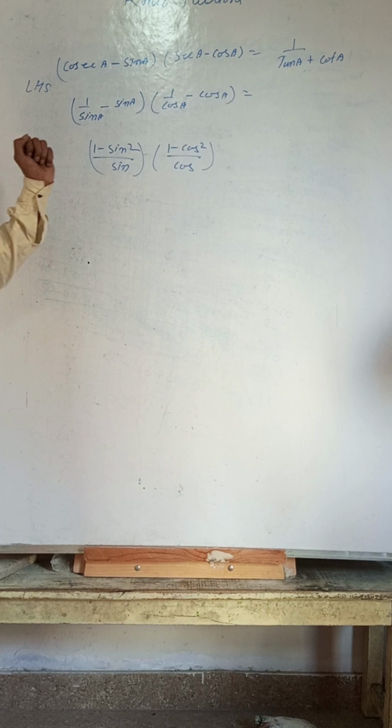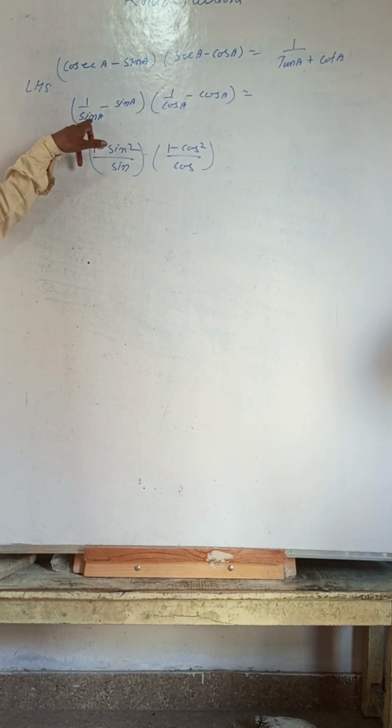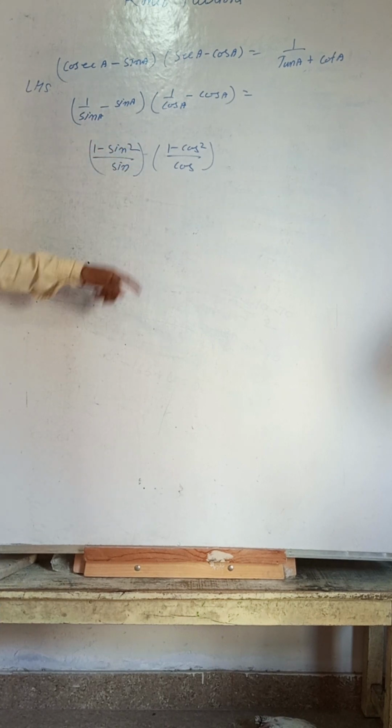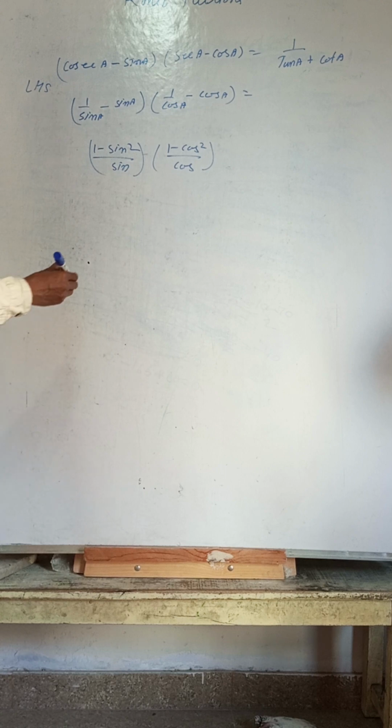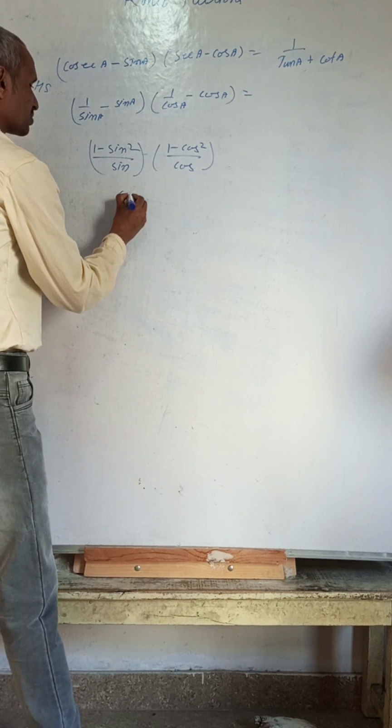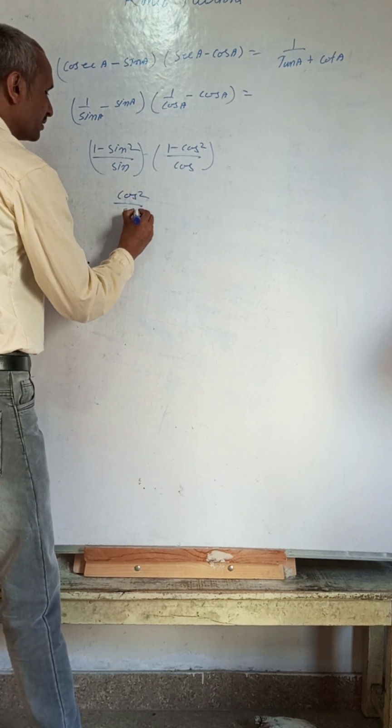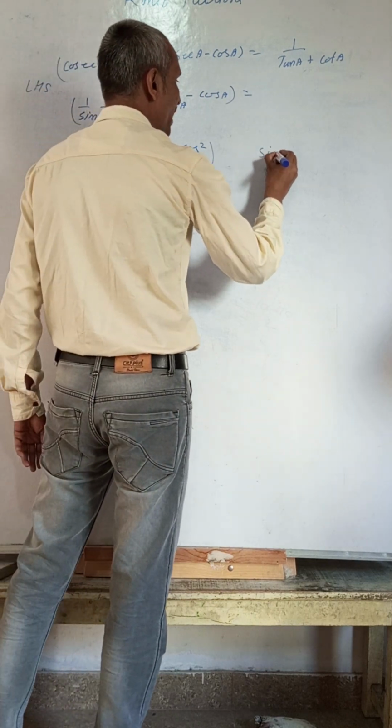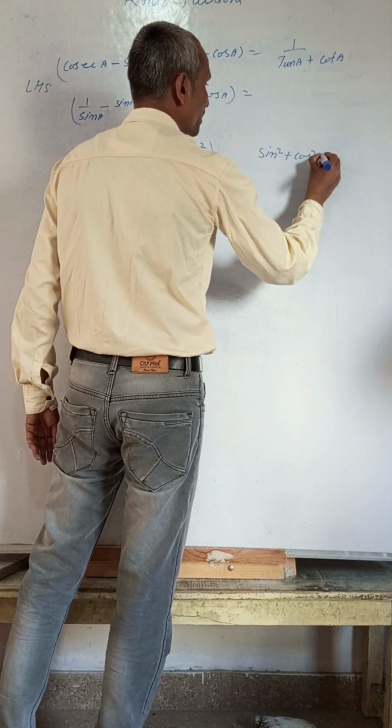Now we have taken the LCM. 1 minus sin square is equal to cos square, because you know sin square plus cos square is equal to 1.